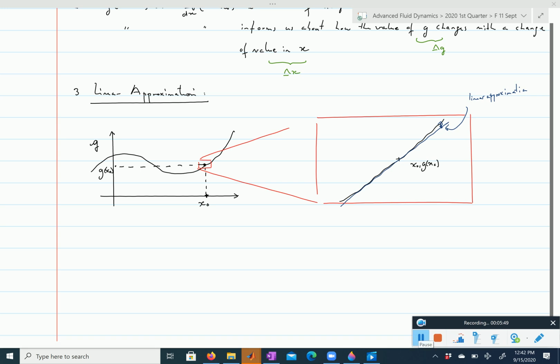And so what you know is that if you start from x0 and you move a small delta x around x0, then you can very well approximate the value of your function as the value of this linear approximation.